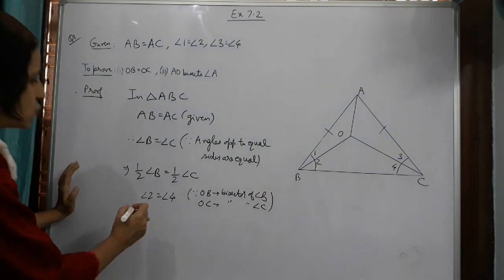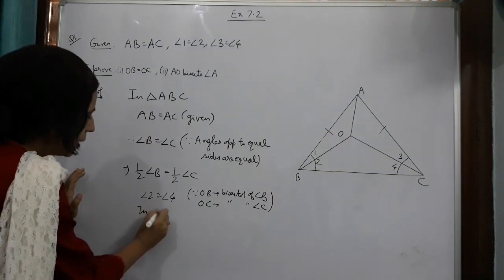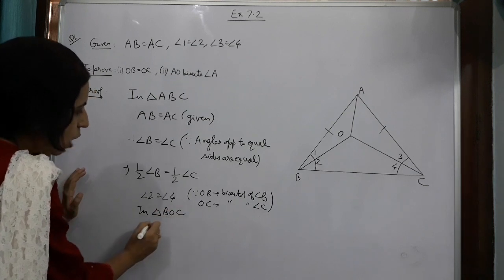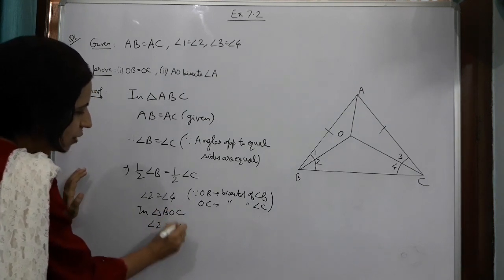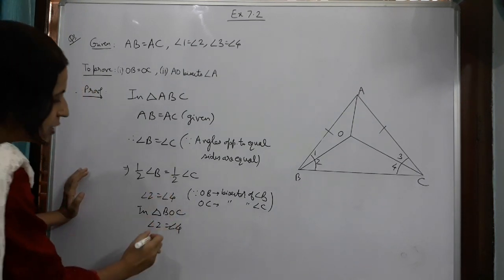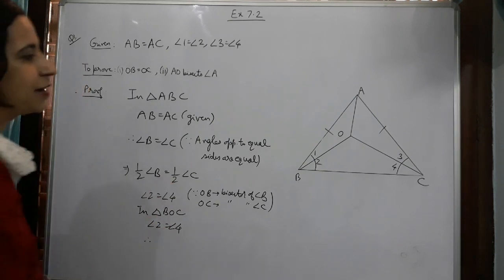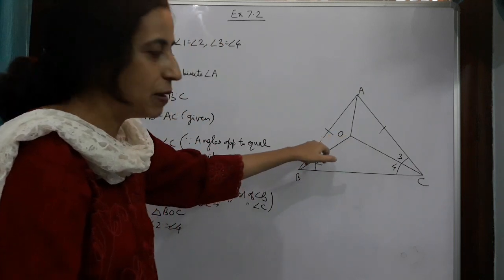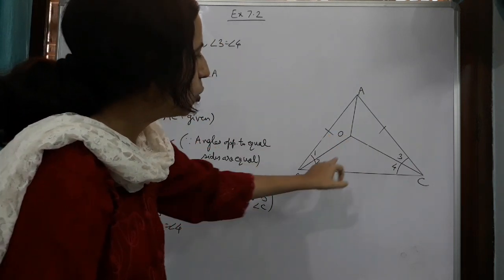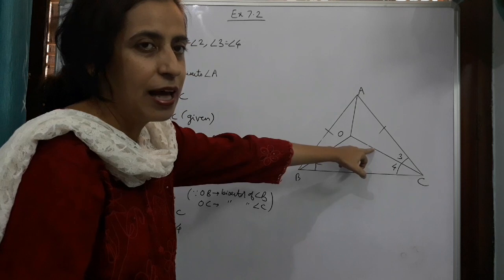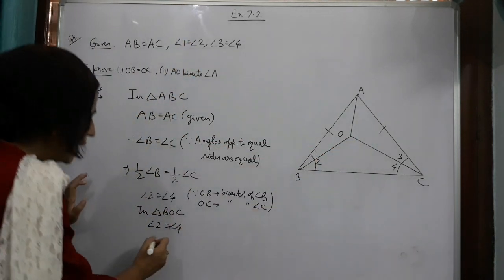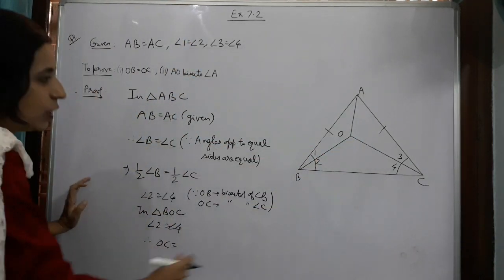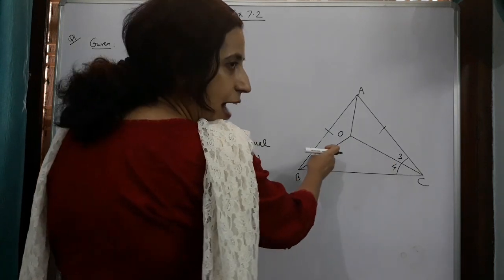Now we take this triangle. In triangle BOC, angle 2 is equal to angle 4, which we have got over here. If these angles are equal, then sides opposite to equal angles would be equal. So in triangle BOC, what is the side opposite to angle 2? It is OC, which is equal to the side opposite to angle 4.